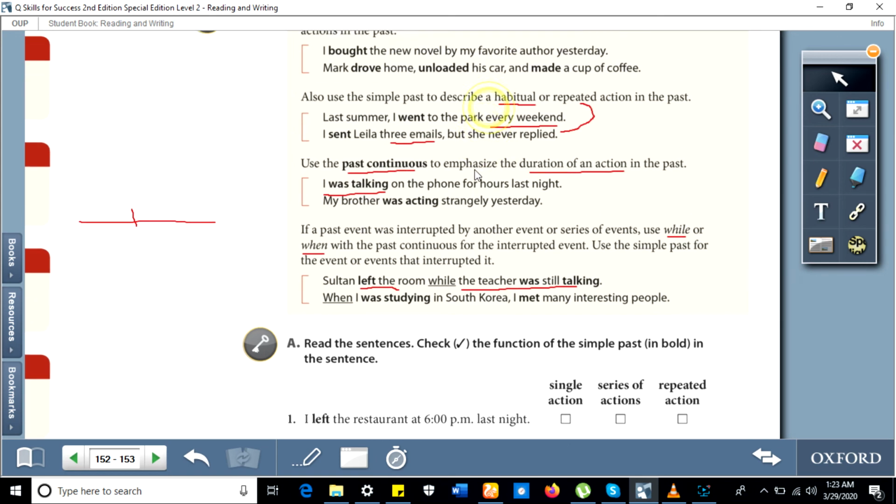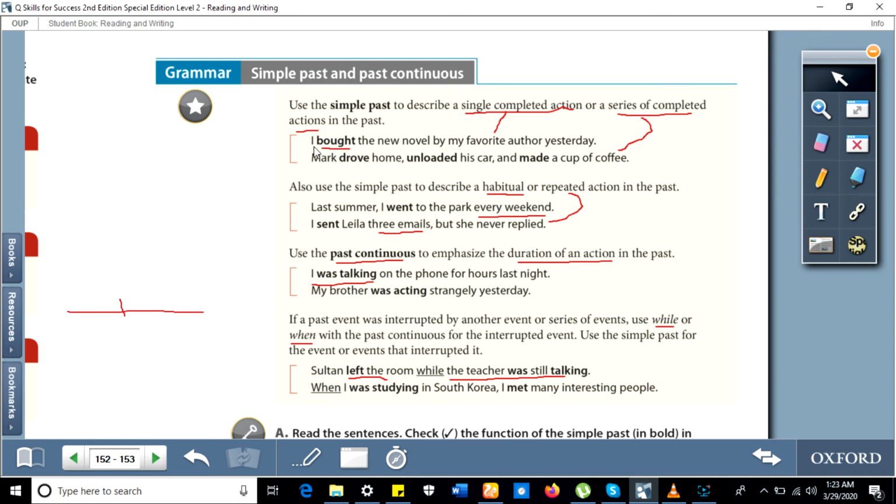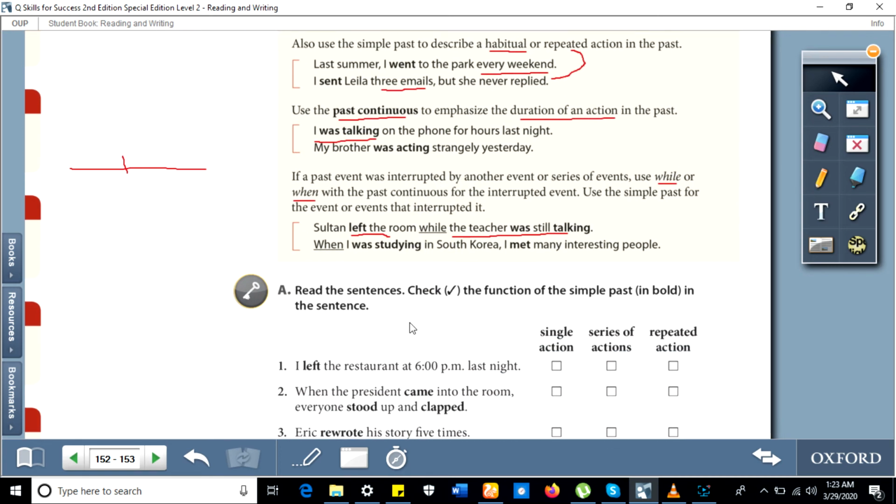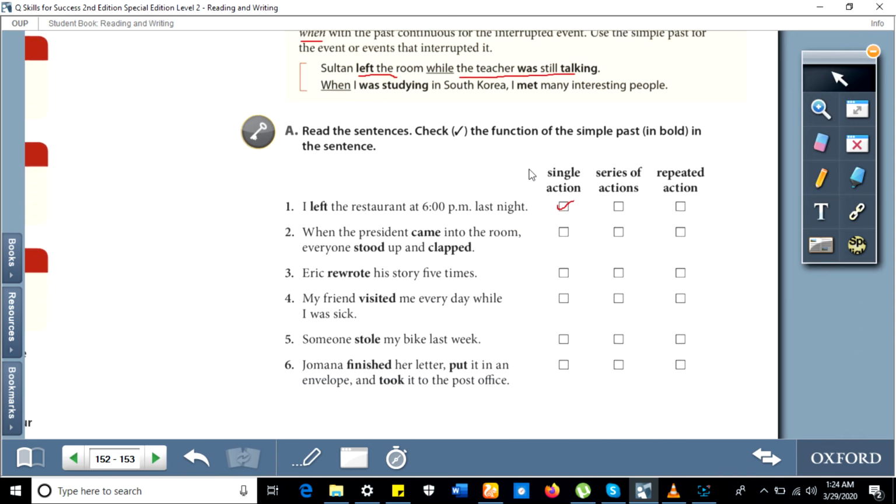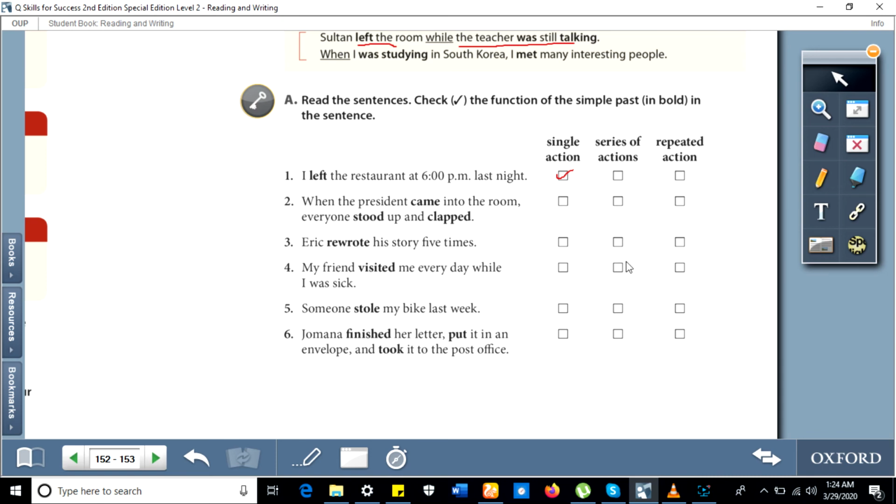You go to the example box and you will find out that this one here is a single action. This is what happened, right? So this is a single action that happened last night. So you have to tick here for the single action, right? The rest of the sentences you have to find yourself, right?